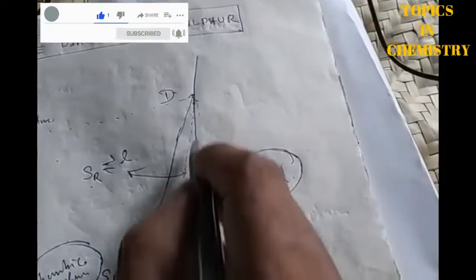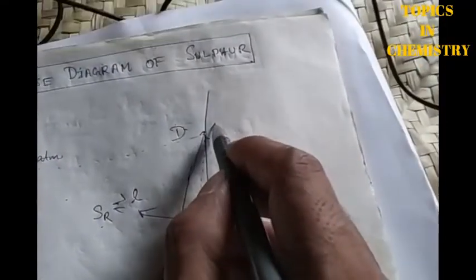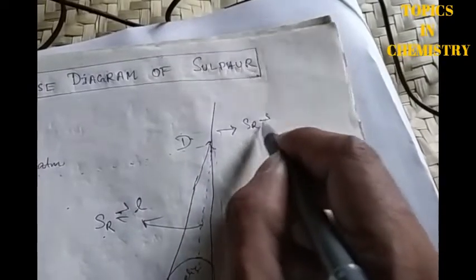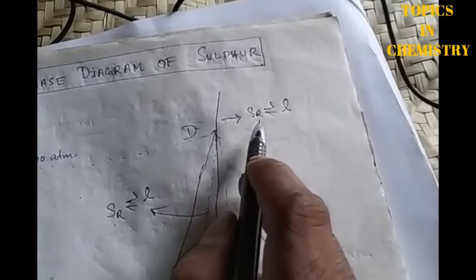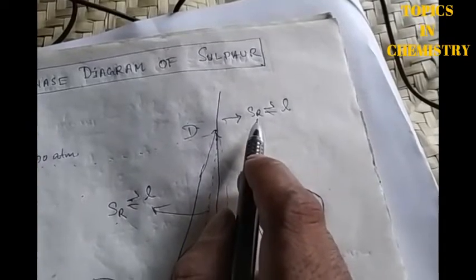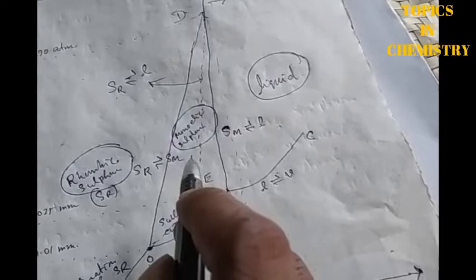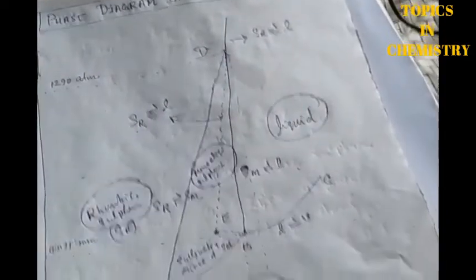Here also rhombic sulphur is in equilibrium with liquid. That means at very high pressure there is no monoclinic sulphur, all are rhombic sulphur. Only in this very small region does monoclinic sulphur exist. But here all are rhombic sulphur.